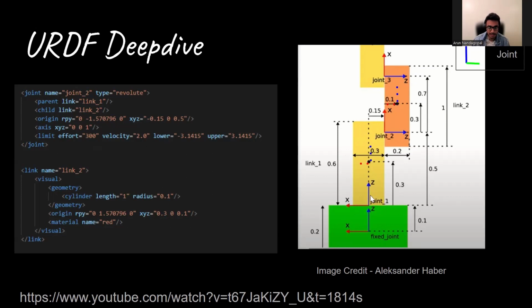And you can see here that in order to define this joint two at this particular place and orientation, we need to translate it by 0.5 in the z direction and minus 0.15 in the x direction. So that's how this coordinate frame is located here.